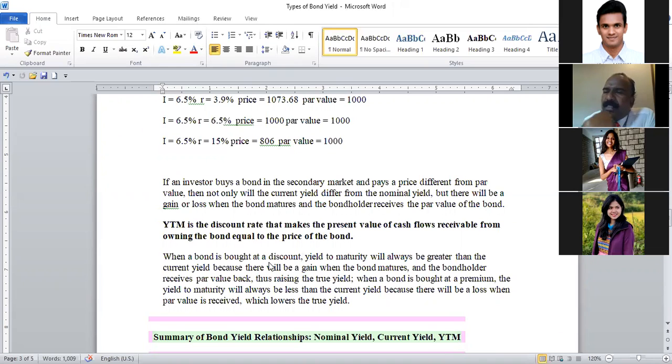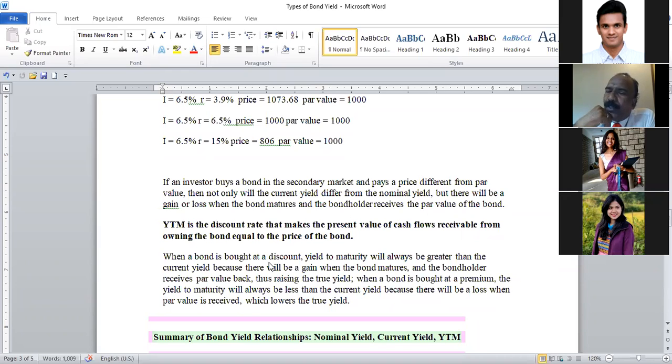The first one, when the bond is bought at a discount, that is the third case. Price is 806. Par value is 1000. So you bought at a discount, at 806. Par value is 1000.